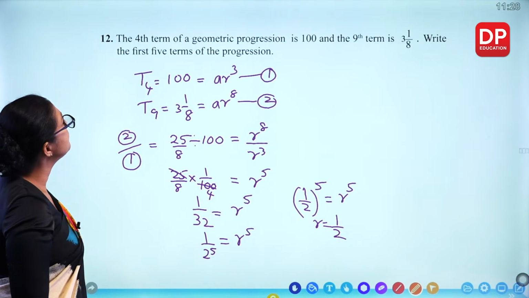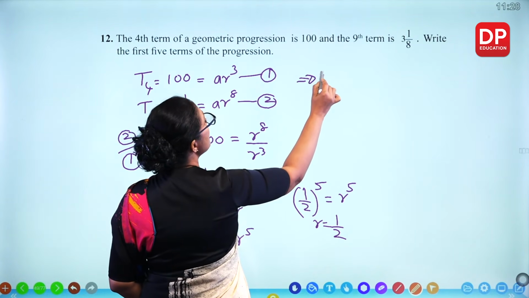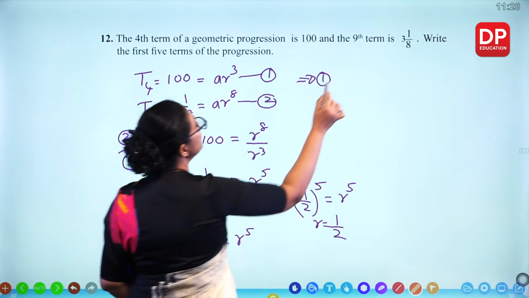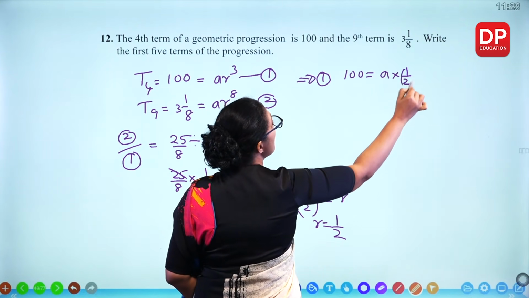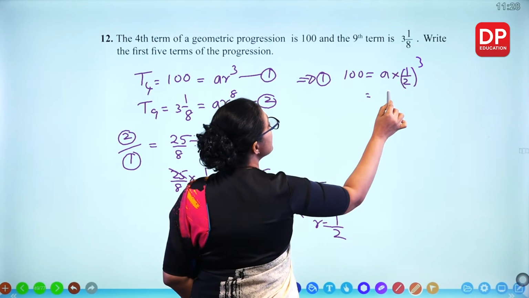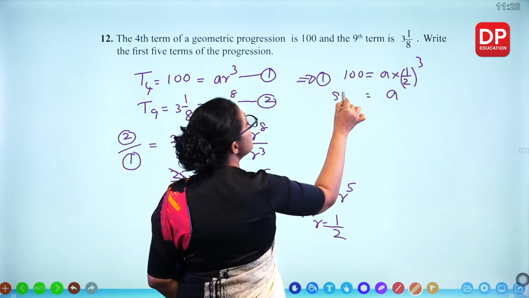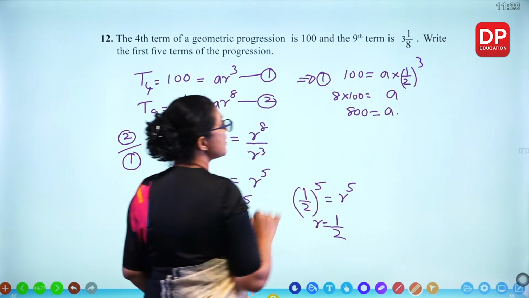So, what's the first term? I'll take the first equation and substitute the r value. 100 equals a times half to the power 3. 2 to the power 3 is 8. So, a equals 8 times 100, that's 800.